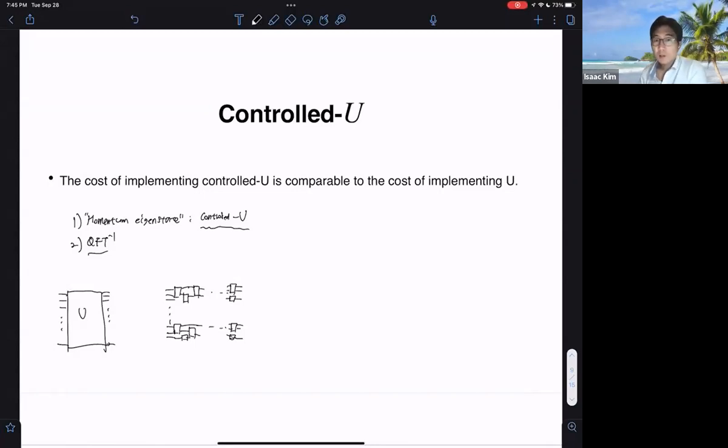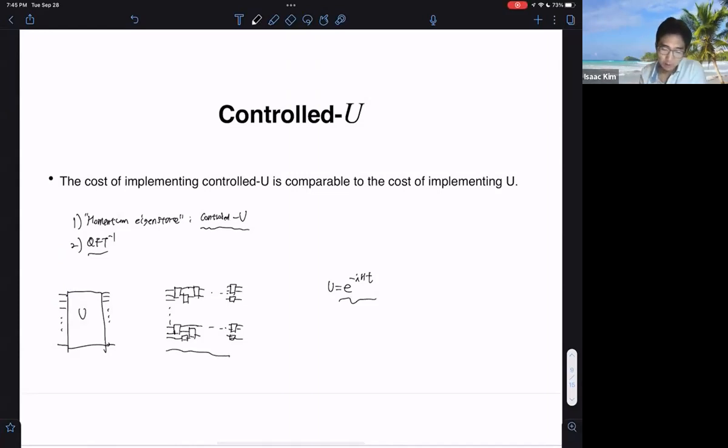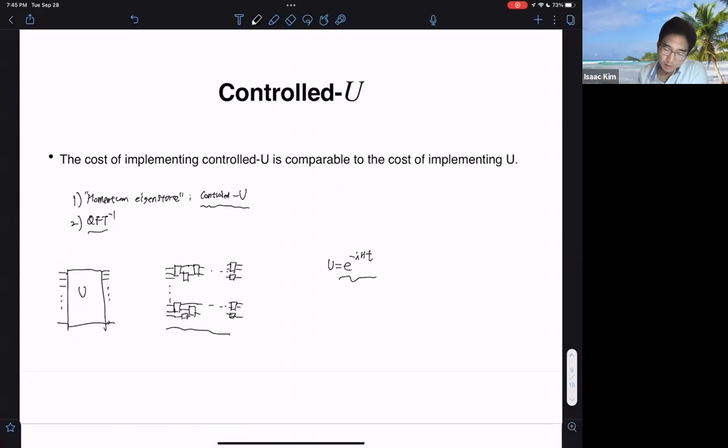If we know how that decomposition works out, for example, if U is e to the minus iHt, where we have already implemented e to the minus iHt by the Trotter-Suzuki method, then we will be able to break down this entire unitary into these small pieces. And if that's the case, then it is very straightforward to apply controlled unitary.